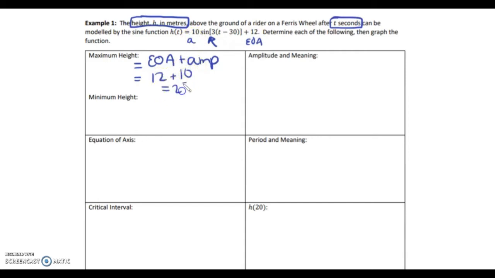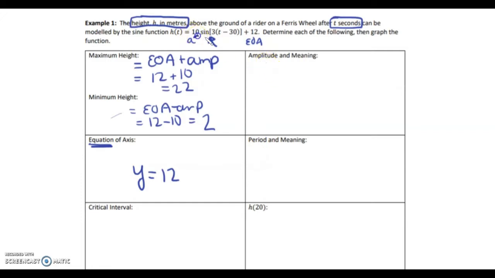So our max is 22. Our minimum is equation of axis minus the amplitude. So 12 minus 10, which is 2. Okay, so we have the max and the min. Equation of axis we already identified. It's y equals 12. Okay, it is in the form of an equation.